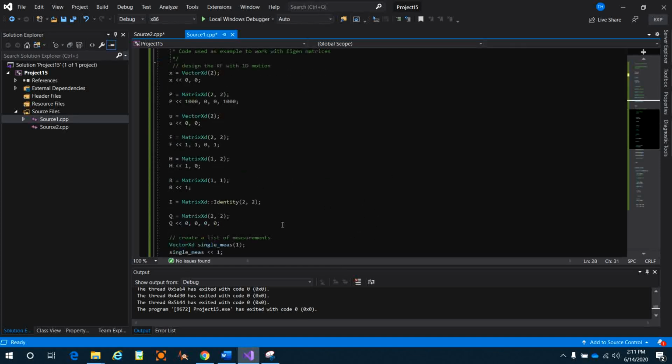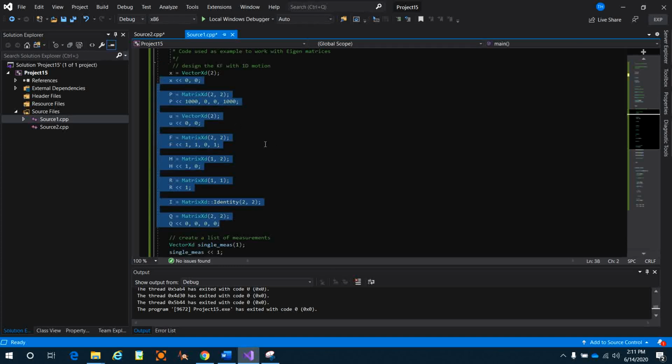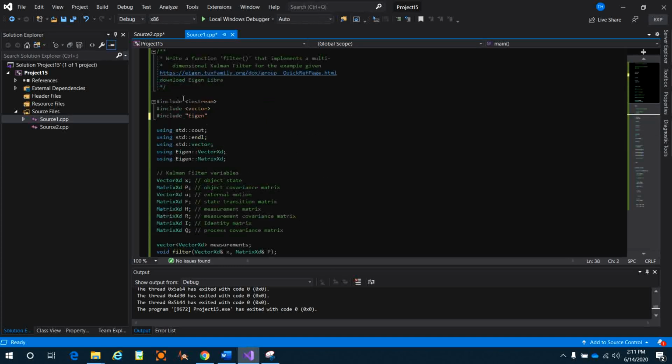In this example, because this is a state vector, I want to show it. But maybe I will show you in the next video how to program in C++ and how to get the results.